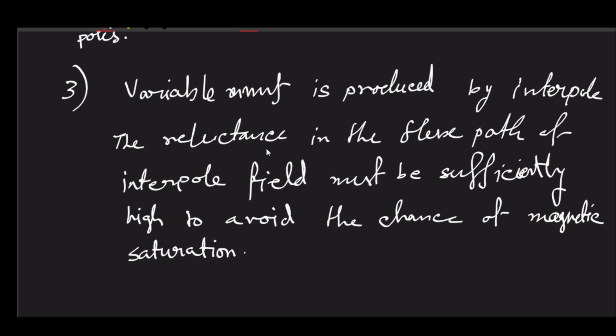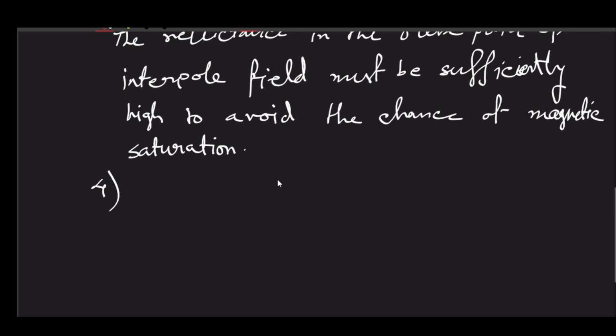But this is the beauty of engineering: when you try to strengthen or focus on a particular aspect, you will see that some other aspects or performance will be affected. If you are thinking about increasing reluctance in the interpole path, how can you do that? By maintaining a large air gap.